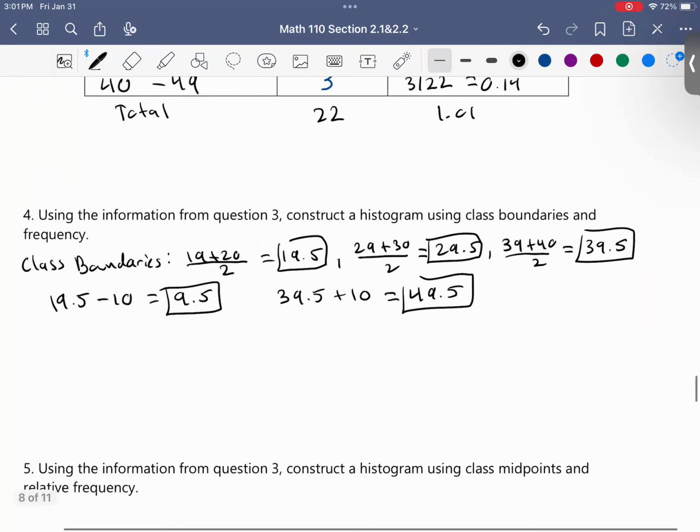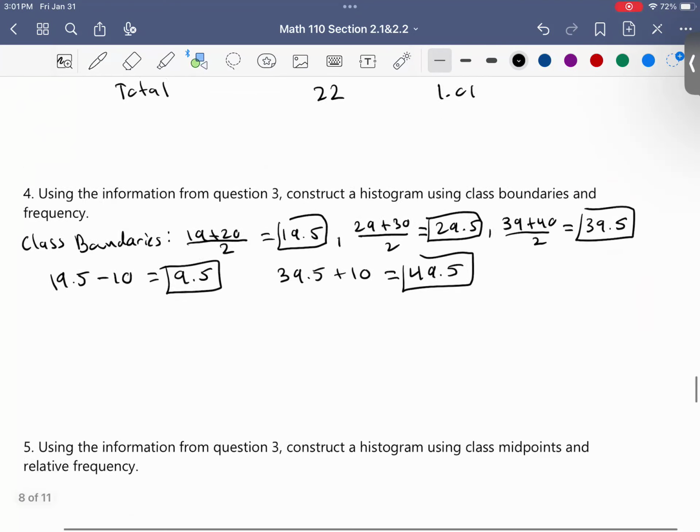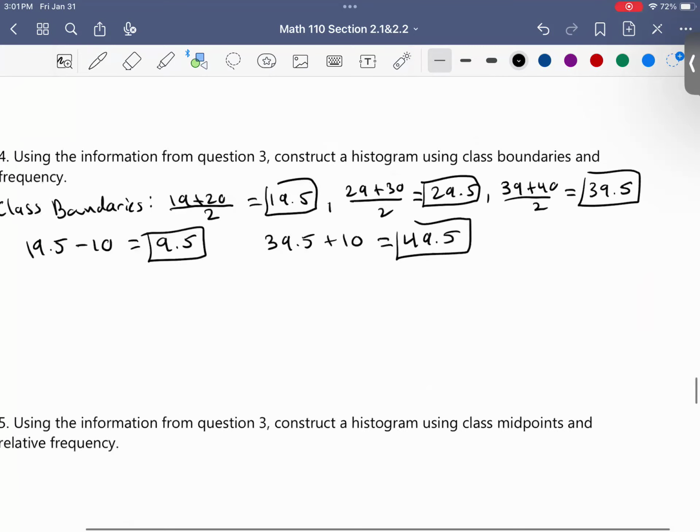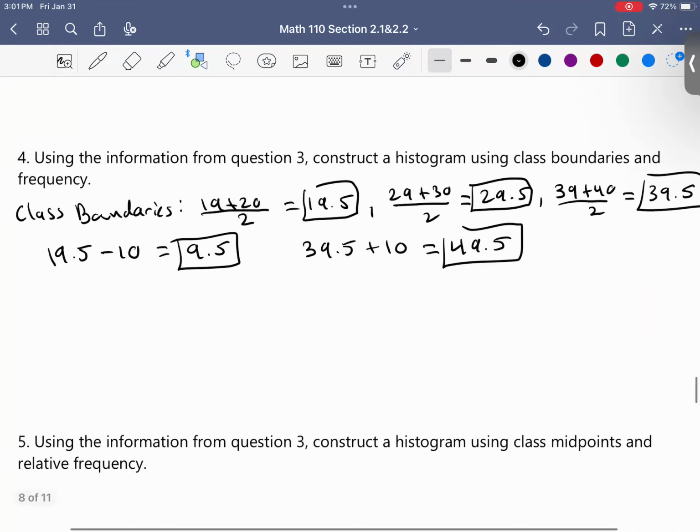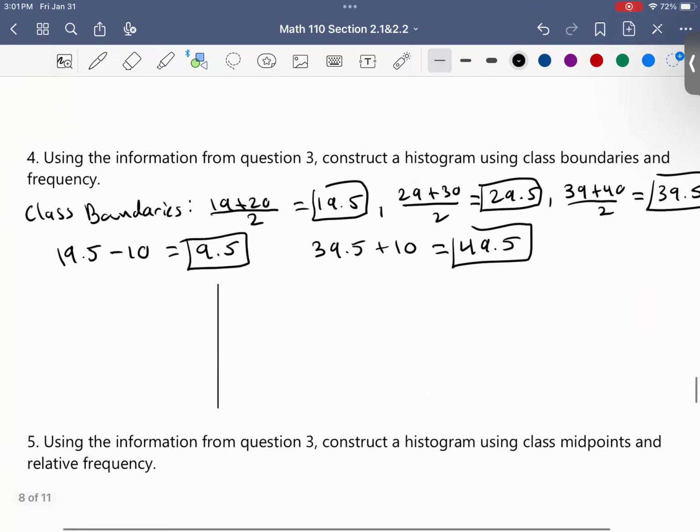So let's go ahead and construct a histogram. It'll be a little tight here, but it'll look something along these lines.